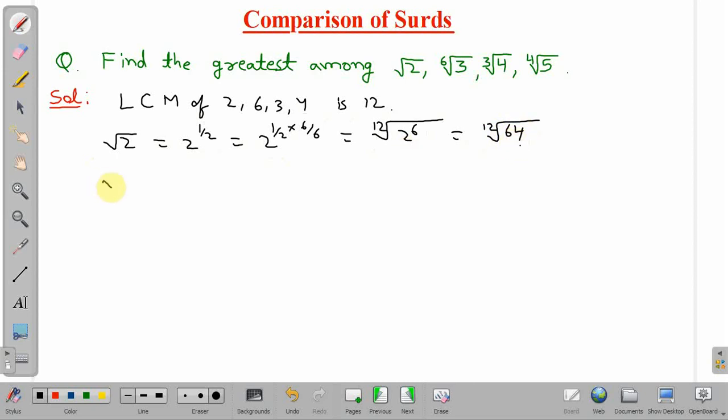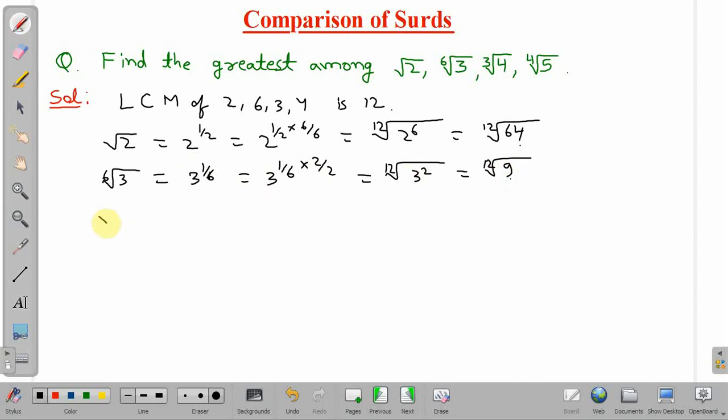Next number is the 6th root of 3, which can be written as 3 to the power 1 by 6, but we need order 12, so we have to multiply and divide by 2. So it is the 12th root of 3 to the power 2, that is the 12th root of 9.